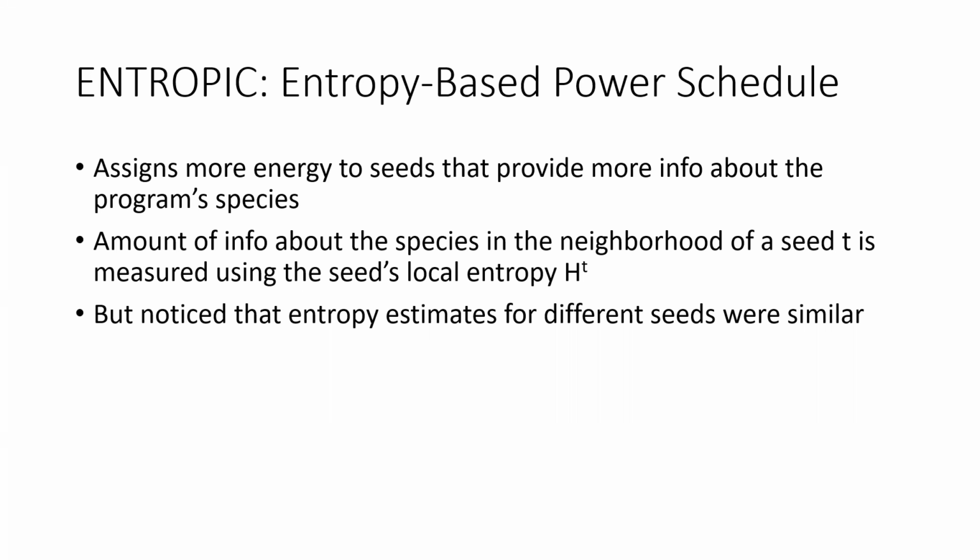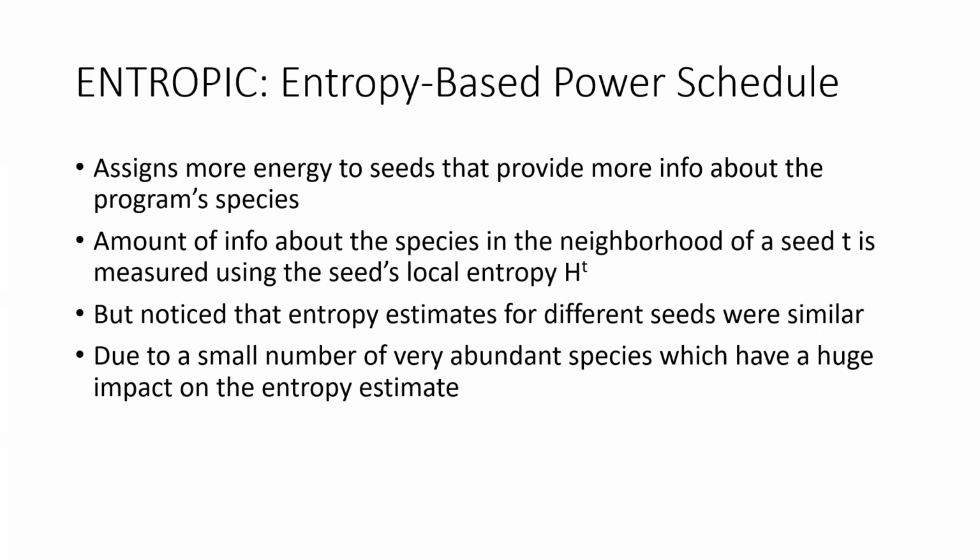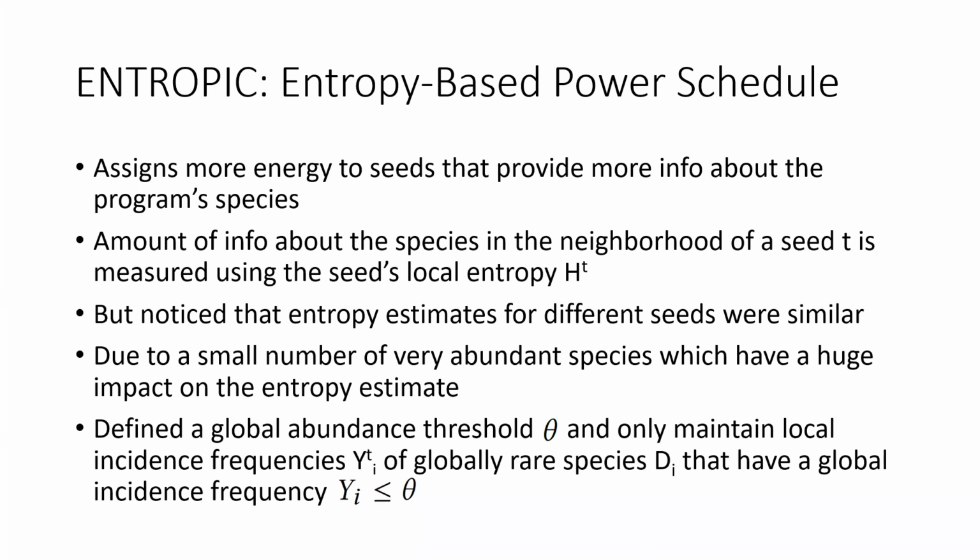But one challenge that they faced was that they noticed that the entropy estimates for different seeds were actually very similar to one another. So there were not many differences. This was due to a small number of very abundant species, which have a huge impact on the entropy estimate. So they just want to account for rare species that are found.